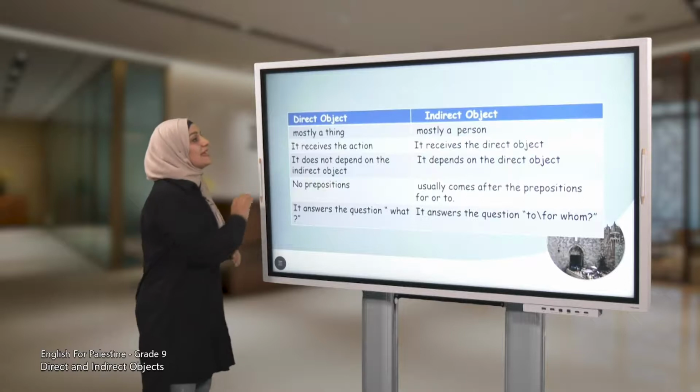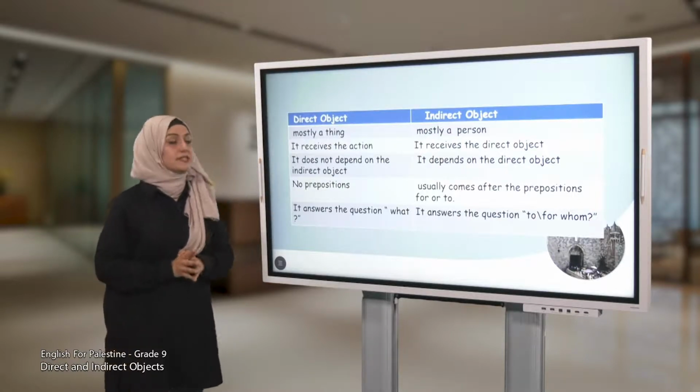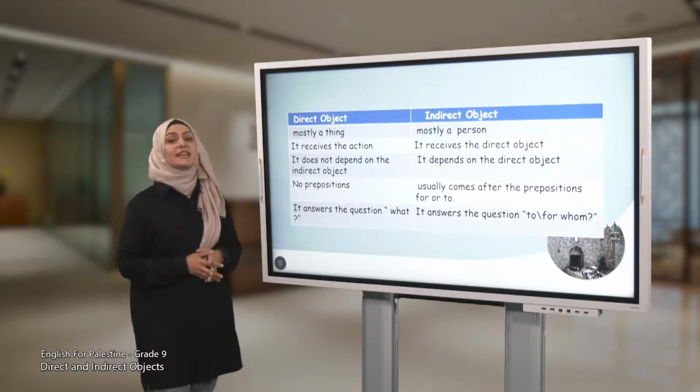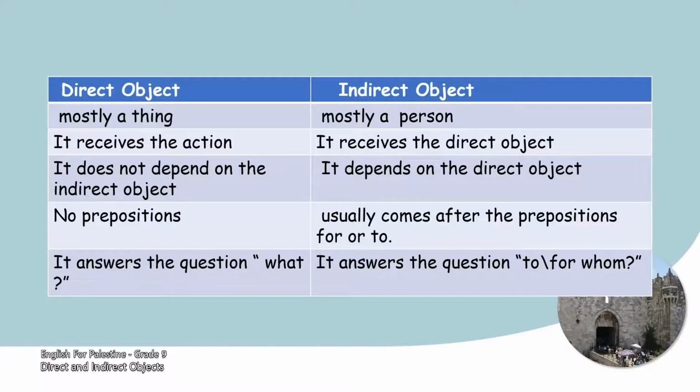Now, let's summarize what we have talked about in this lesson and differentiate between the direct object and the indirect object. The direct object is mostly a thing. It's a note, flowers, a gift. The indirect object is mostly a person, to Ali, to grandmother, to the farmer.